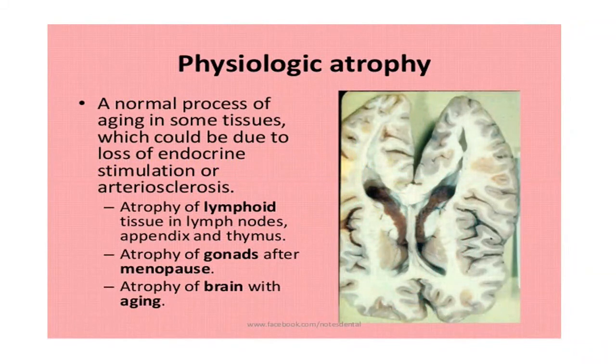Physiologic atrophy. We talk about physiologic atrophy and pathological. Physiologic is a normal process of aging in some tissues, which could be due to loss of endocrine stimulation or atherosclerosis. Atrophy of the lymphoid tissue in lymph nodes, appendix, and thymus.